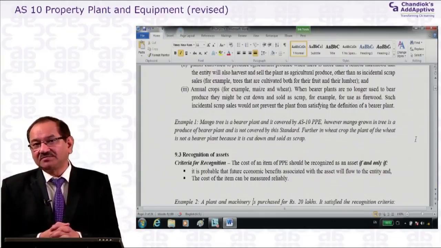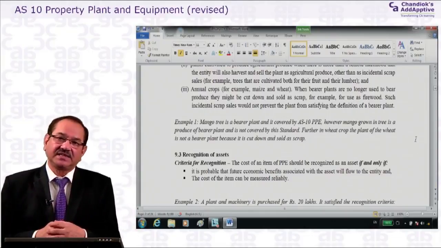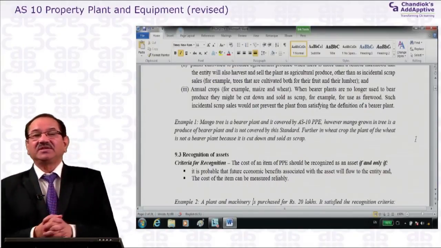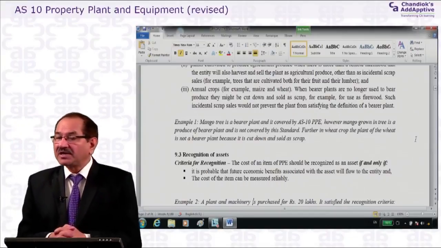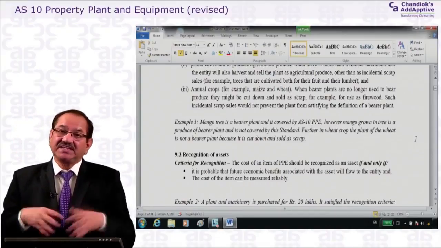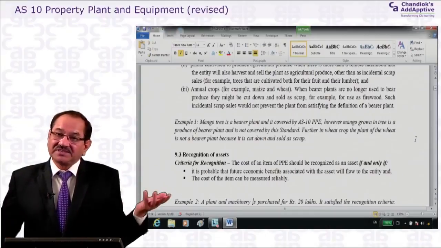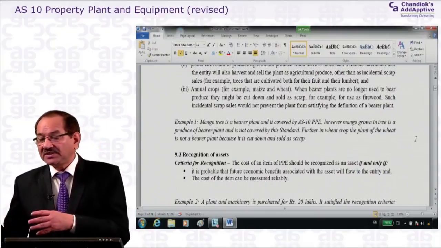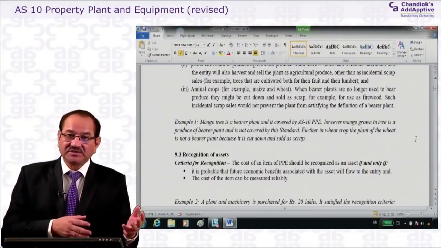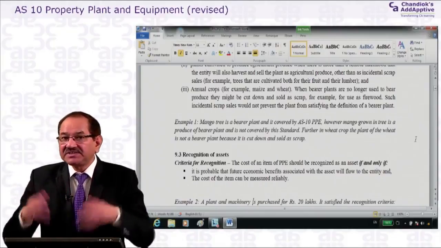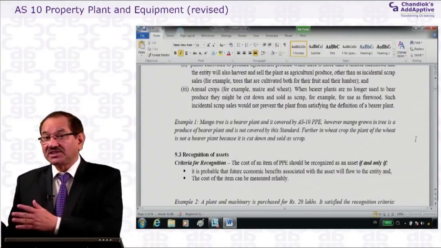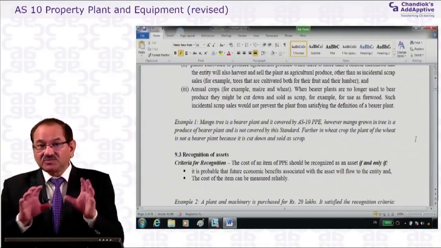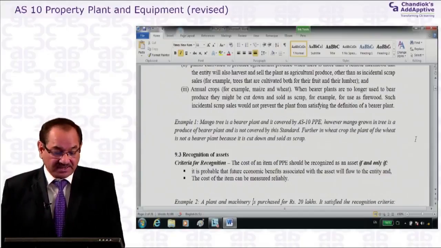When the question of value comes, you have to apply the measurement criteria given in that particular accounting standard. Third, presentation and disclosures: where to present it, in the balance sheet or in the profit or loss, and if in the balance sheet, whether in current or non-current, under which line items. And what are the disclosure requirements, what we have to disclose in the financial statements about that asset. These are the things we are going to discuss in this property, plant and equipment.